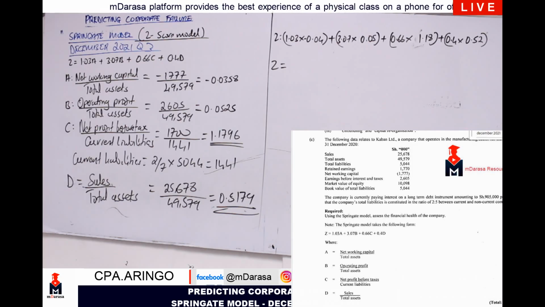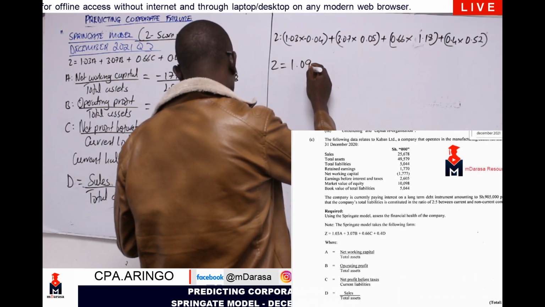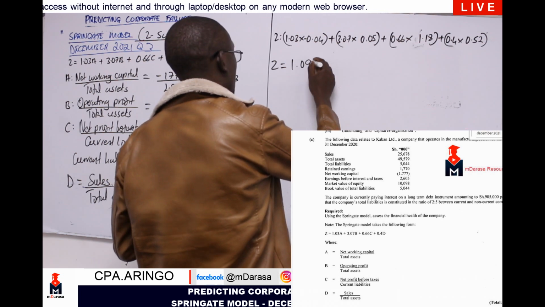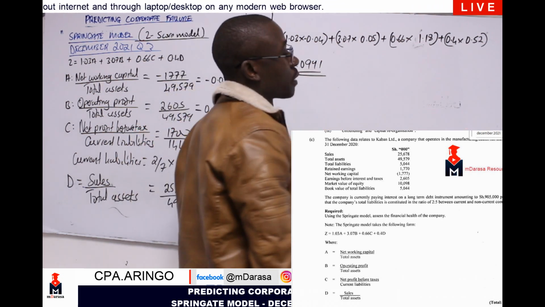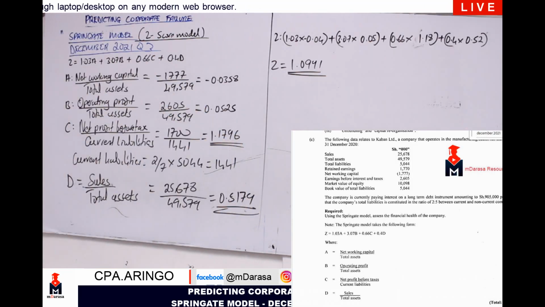Kindly confirm if we are on the same page. I'm getting 1.0991. That is our Z according to Springate model, right?